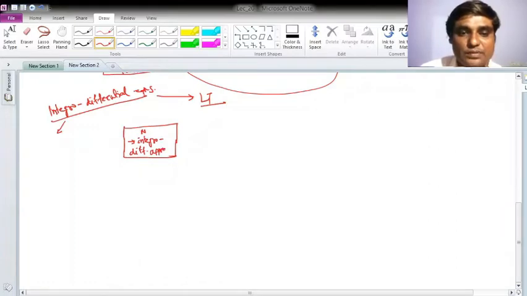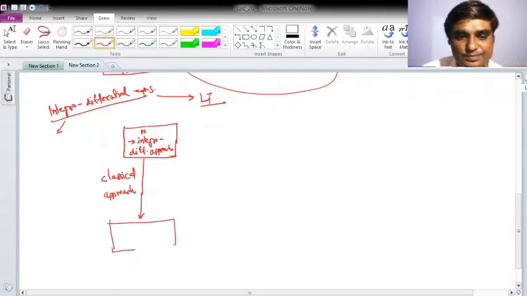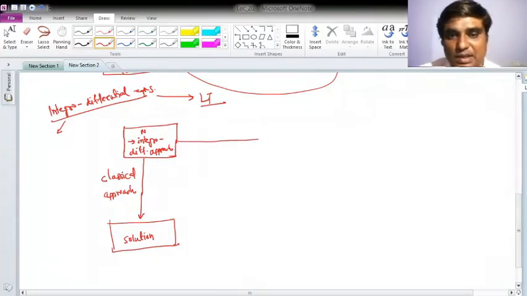Then I have to solve it, so I can use the classical approach, that is, the complementary solution and particular solution. With this I'll get some solution for some voltage, or let's say some particular current. Now I have to search for another way, which we have already declared, that is the Laplace transform.